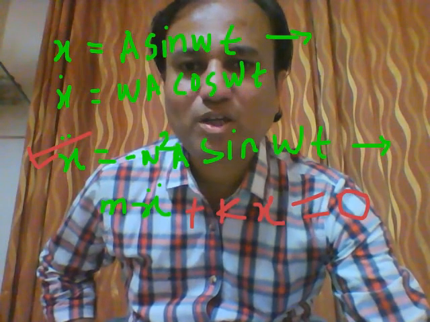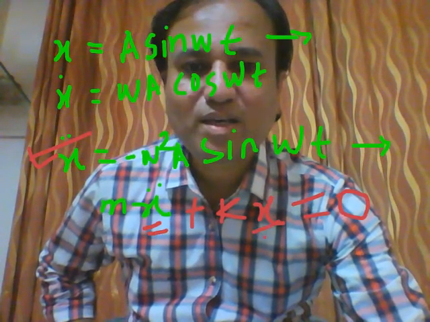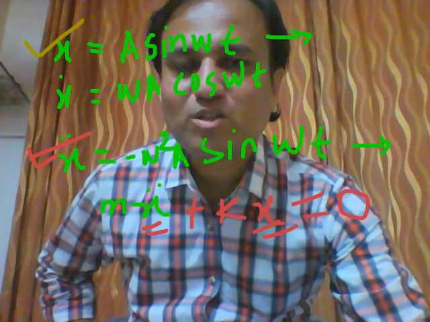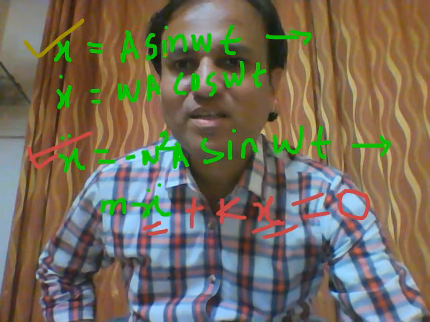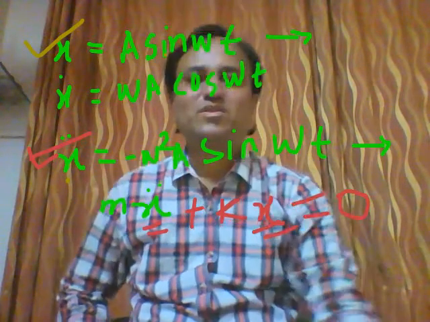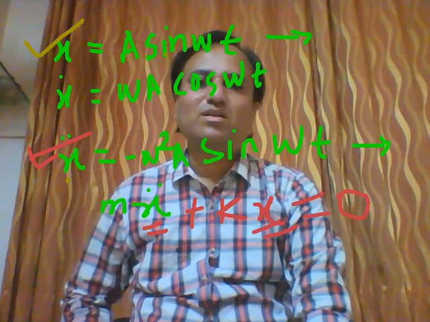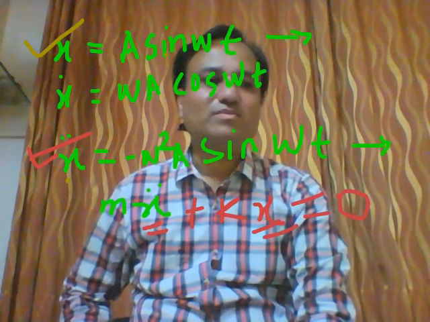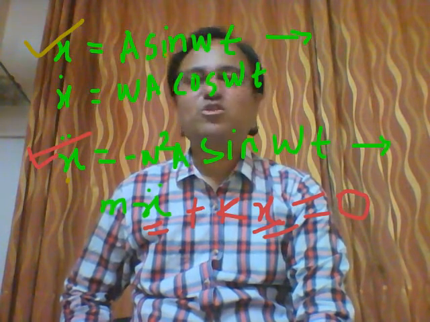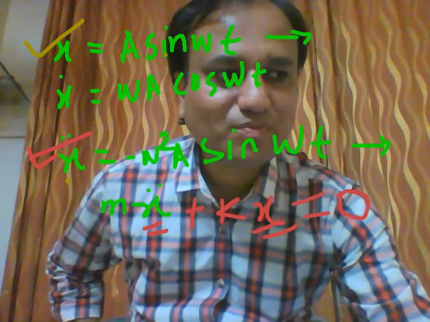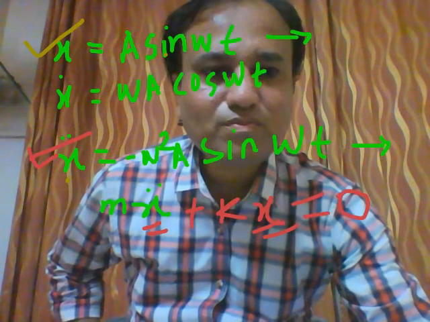By substituting the values of x and x double dot in the equation of motion and simplifying, you will get omega.